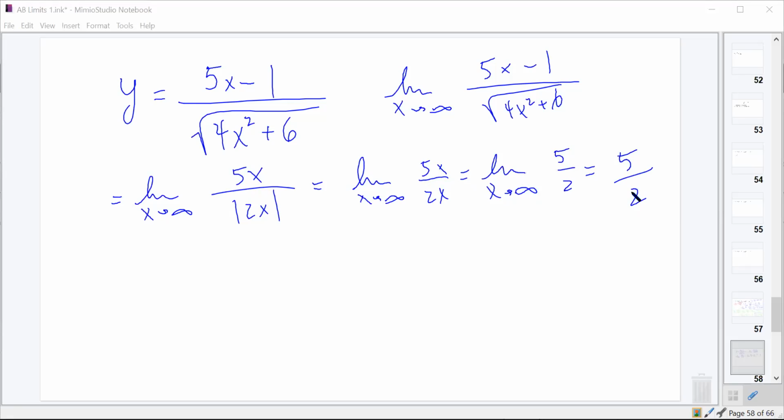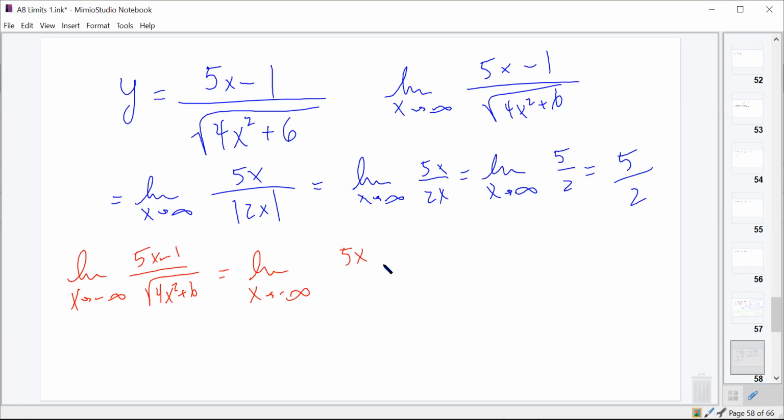And if we do this to the right, I'm sorry, to the left, the limit as x approaches negative infinity of 5x minus 1 over root 4x squared plus 6. This becomes the limit as x approaches negative infinity of the 5x over absolute value of our 2x.